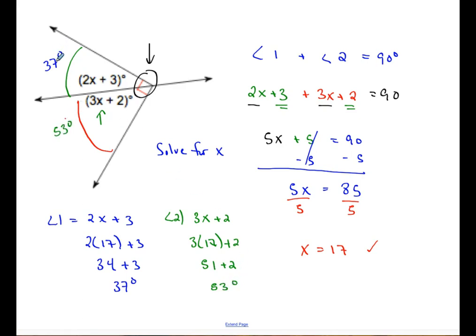And you can verify that 37 and 53 does give you 90. Or you could have also gotten 53 degrees if you said, well, since the entire thing is 90, then this angle could have just been 90 minus 37, which is what I have already, and still got 53 degrees. So you could have gone either route.